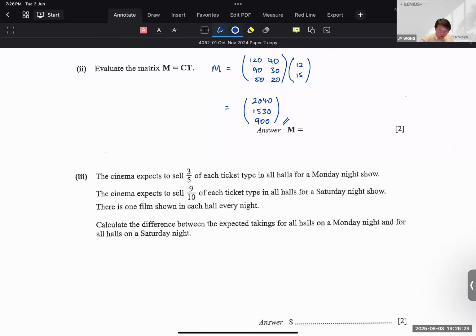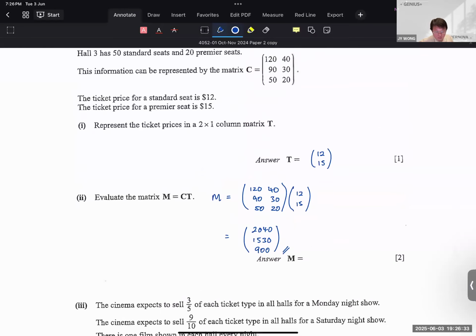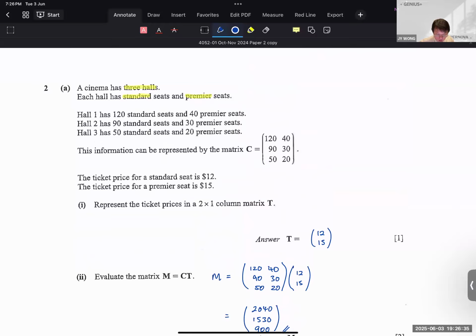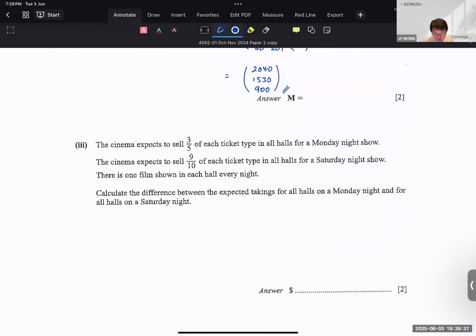Caitlin, what do I do for this question? But if you take 3/5 times M, what's the problem?